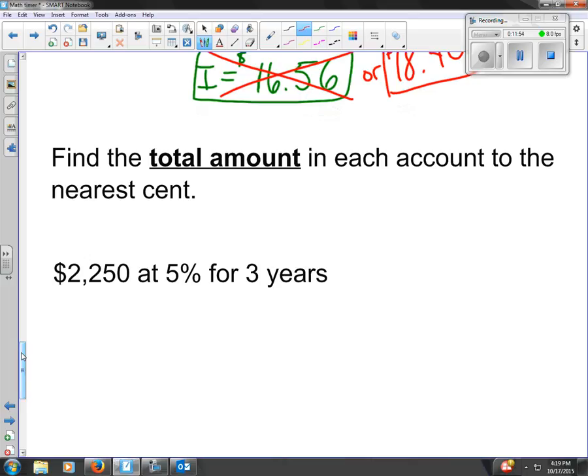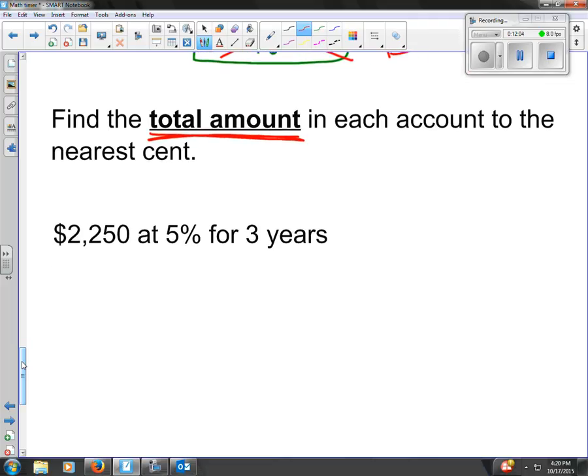Another thing that your book asks you to do is to find the total amount. That means that when you get that interest, the I, you'll have to add it to the original amount. Here you have $2,250. That's your principal. Here's your rate at 5%, and 3 years is your time.